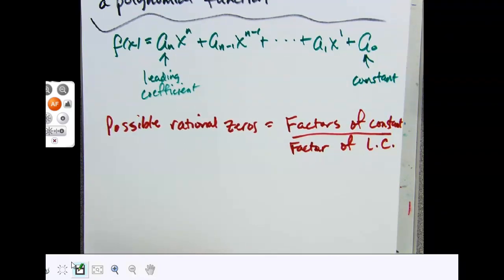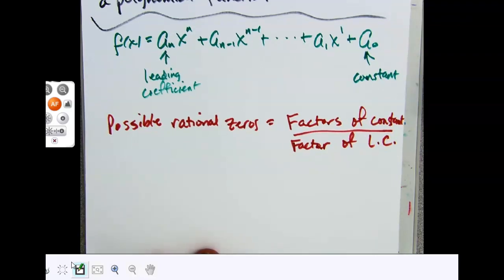So all the factors of our constant term divided by all of the factors of our leading coefficient. Those give us all of our possible rational zeros. So what do I mean by a rational zero?